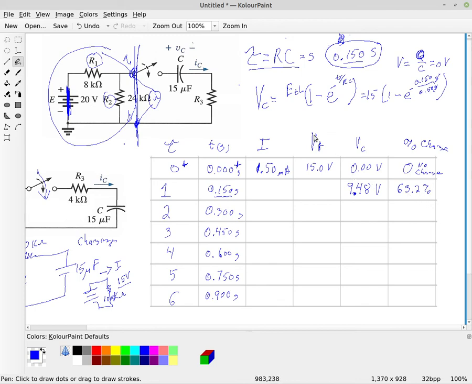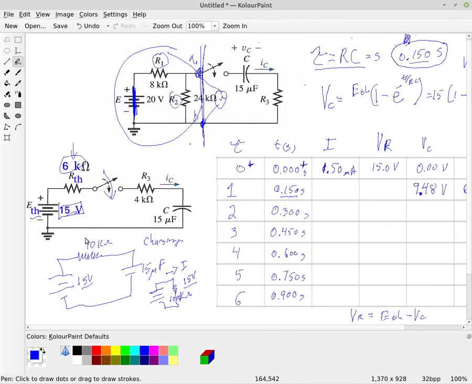All right, now we can use Kirchhoff's voltage law to calculate the voltage across the resistor. So the voltage across the resistor is simply E Thevenin minus VC. And so now that's across this entire 10 kilo ohm resistor here.